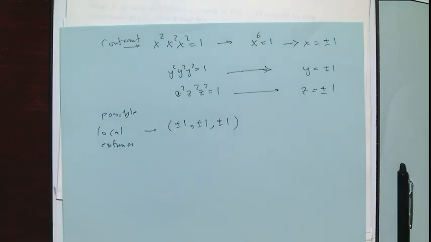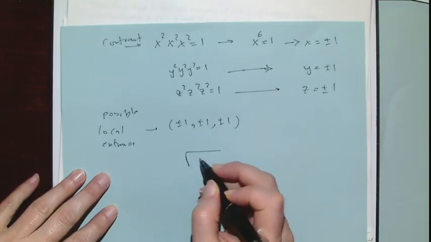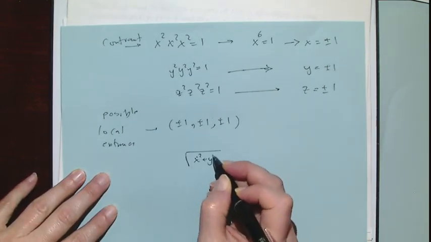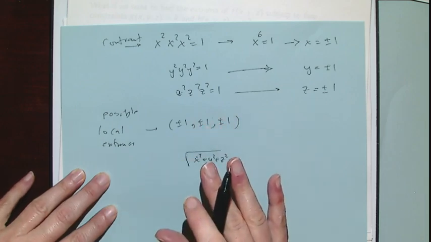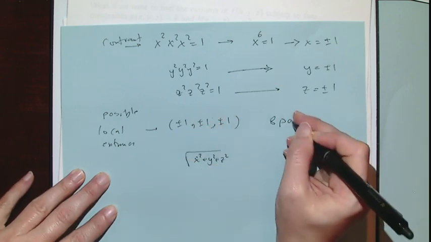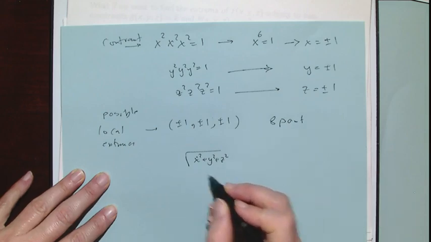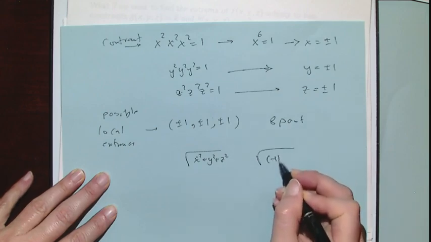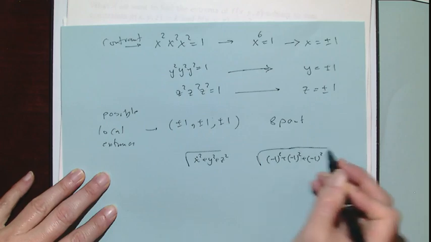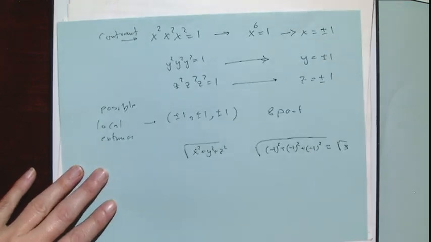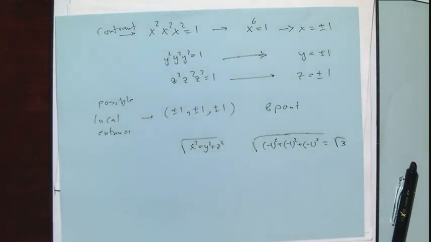So now I want to tell you, if you plug this back to square root of x squared plus y squared plus z squared, all 8 points are going to be square root of 3. Now, I want you to think about this.